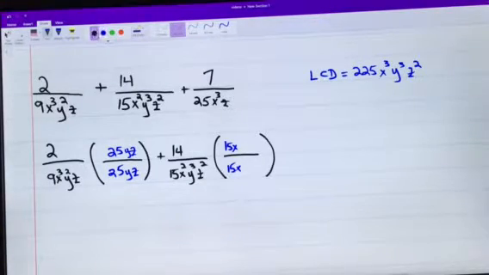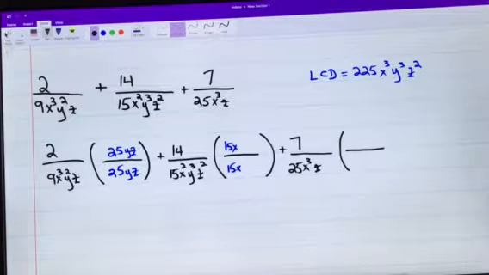As for 7 over 25x to the third z, 25 into 225 goes 9 times. We already have x to the third, but we are missing y to the third altogether. And z into z squared gives z.